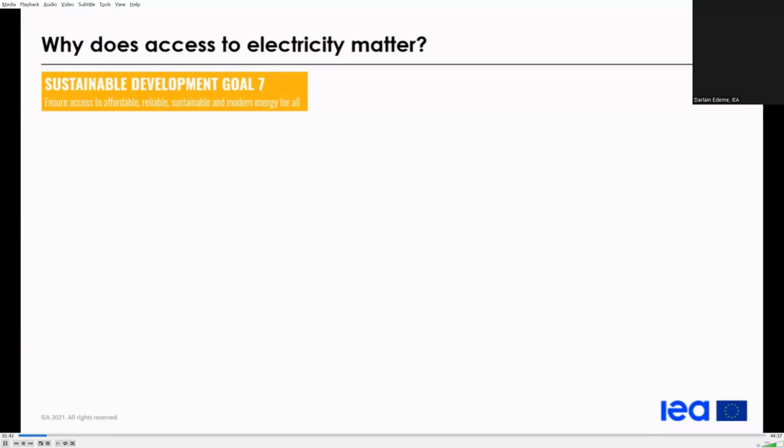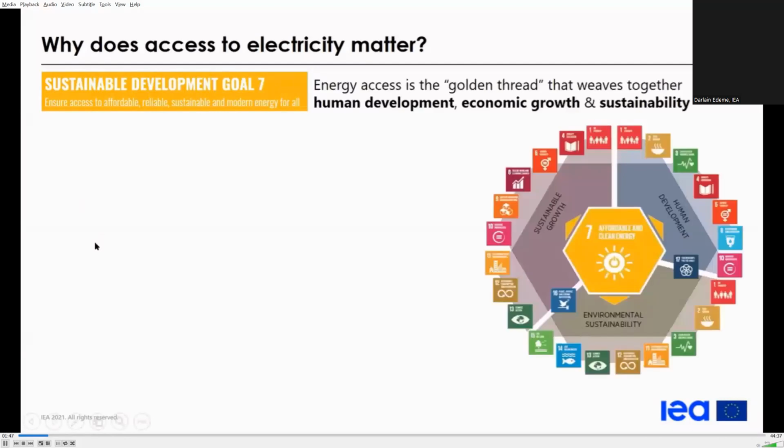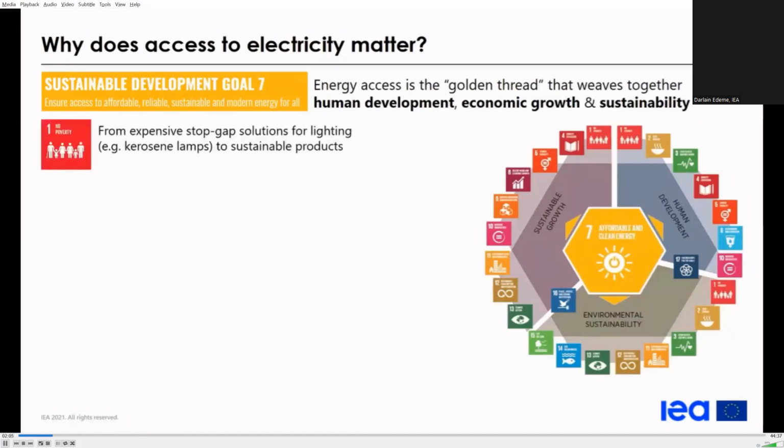But energy access is really at the heart of the SDGs. We often say that it is the golden thread weaving together human development, economic growth, and sustainability, because providing energy is at the base of enabling other SDGs. And we will see a few examples.